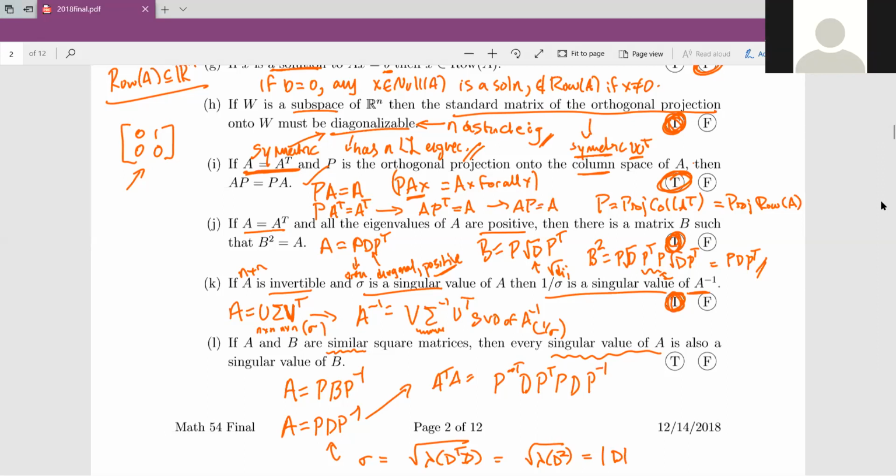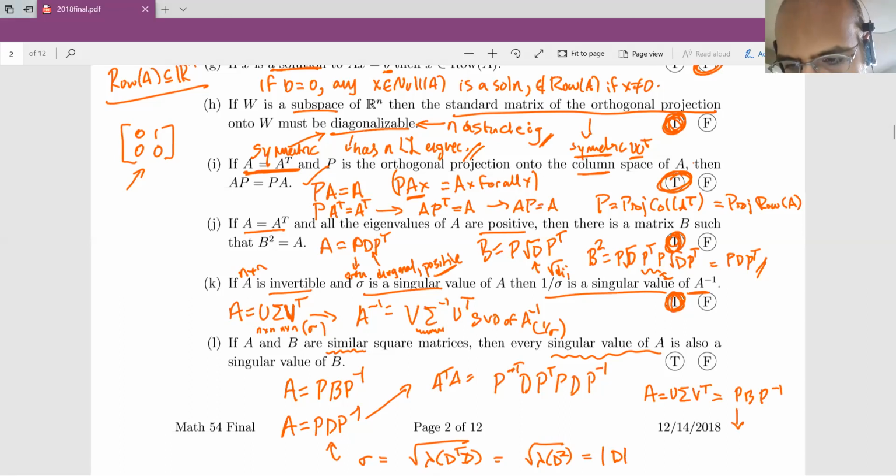Sorry, going down a slightly different tangent. Is it possible that if we write out A is equal to U sigma V transpose and we plug it into the formula for similarity, where B is equal to P A P inverse, and then knowing that P is invertible, we multiply it across and then check the conditions for it to be an SVD?